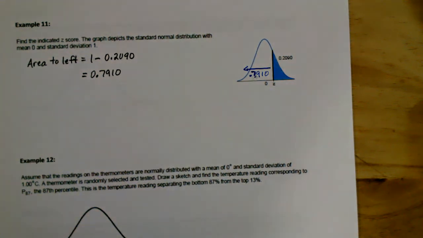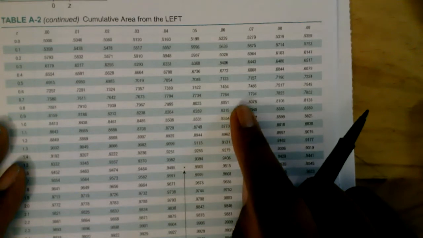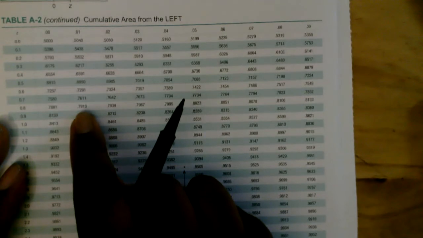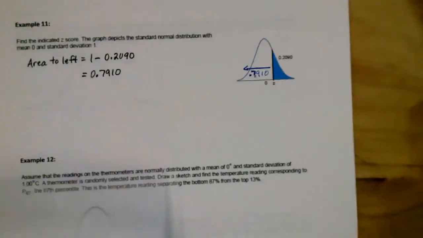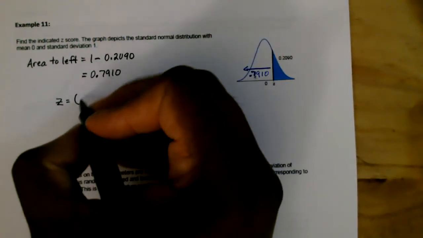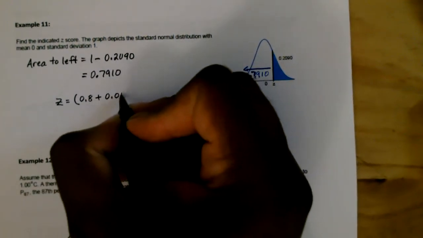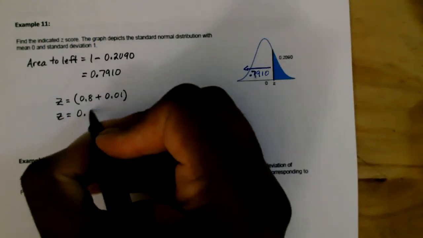So let's find 0.7910, and here it is. To the left of that would be 0.8. The column that it's in is 0.01. So our z is going to be 0.8 plus 0.01, which would end up being 0.81.